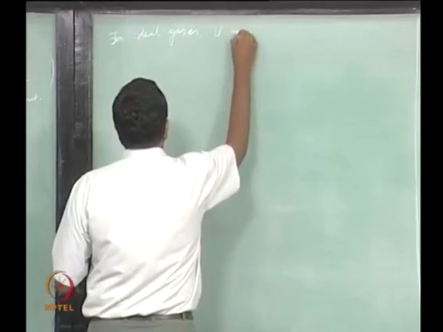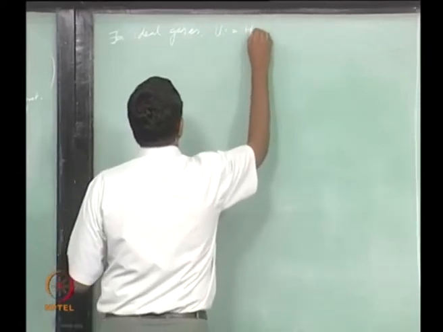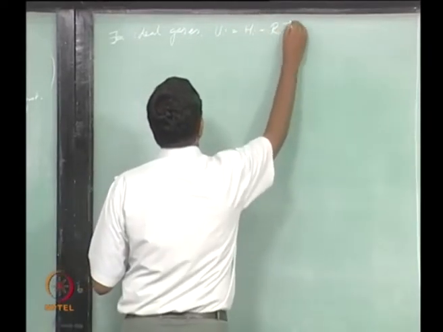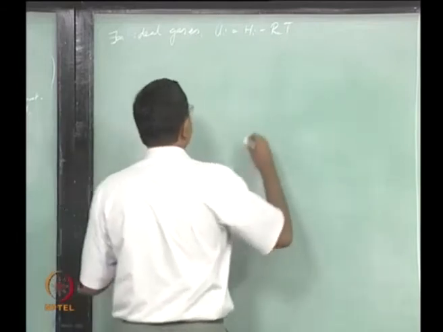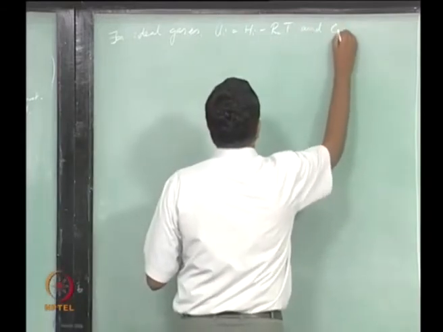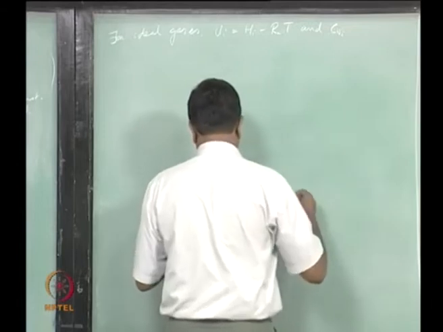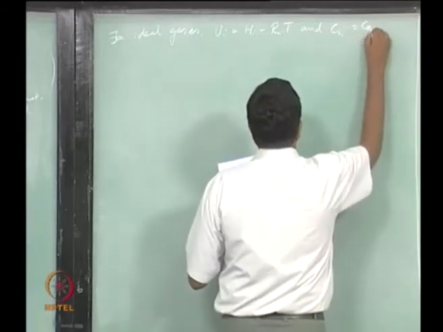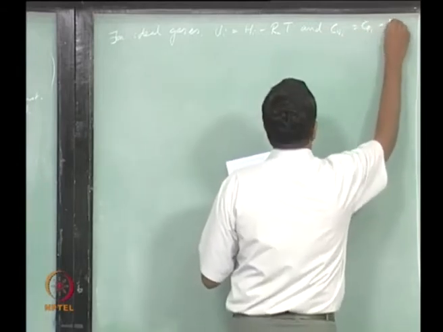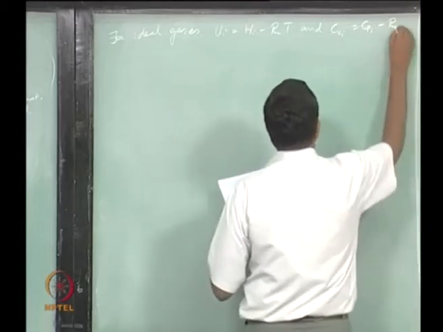u_i equal to h_i minus R_u T, and C_Vi equals C_Pi minus R_u.